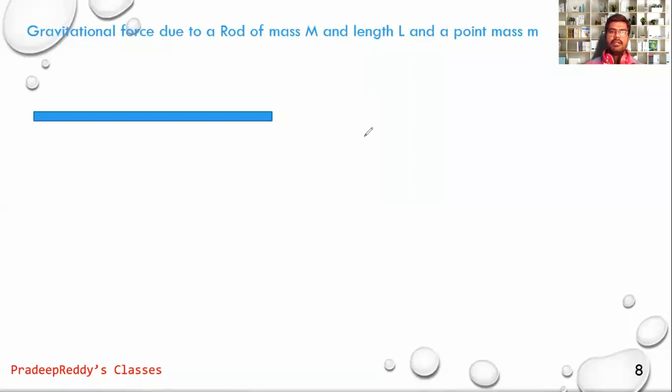Whenever you are dealing with central forces, they are applicable for point masses, not for extended masses.